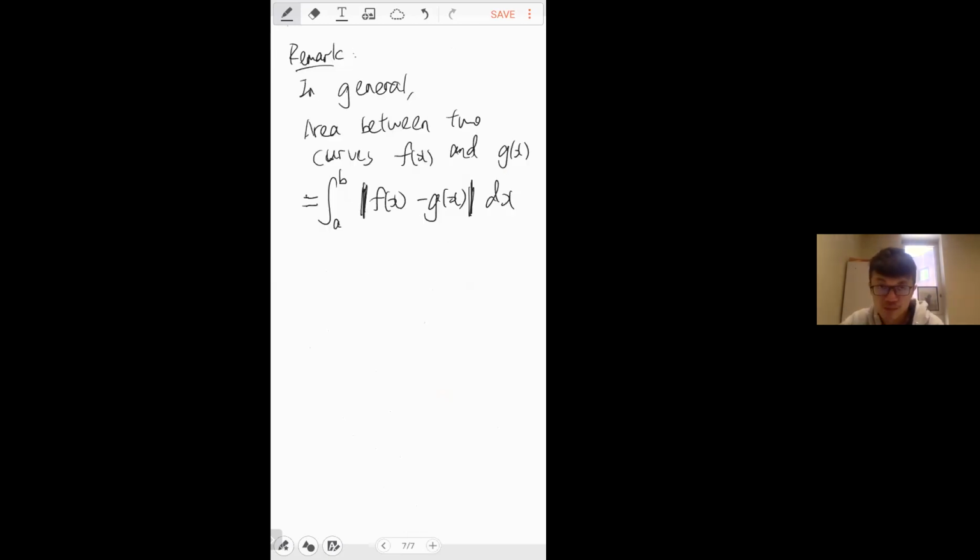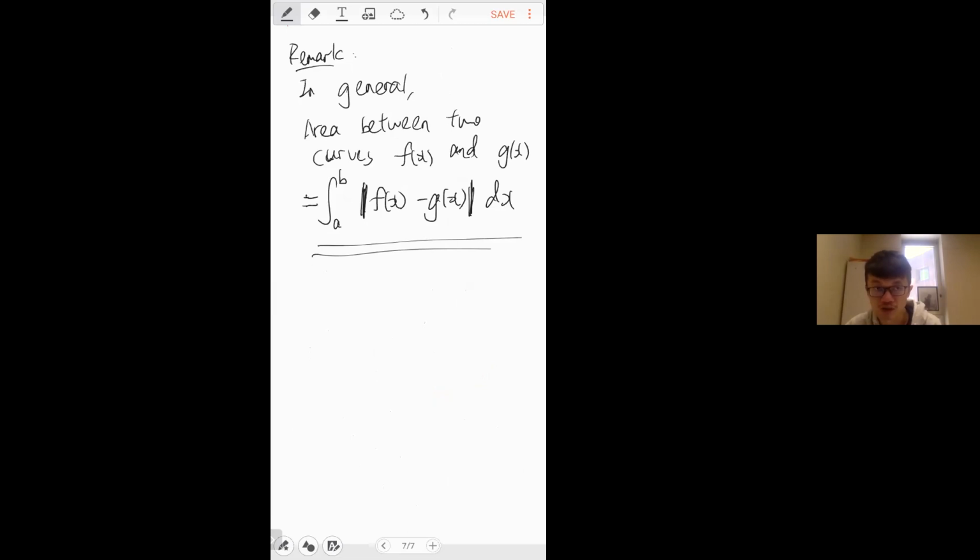The only reason that I'm making a remark here is because you could get a multiple choice question like, what is the area between two curves f of x and g of x? And that's when you need to know this is the answer. This is not good in practice.